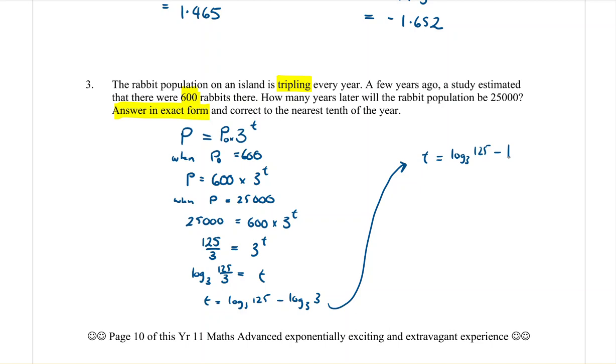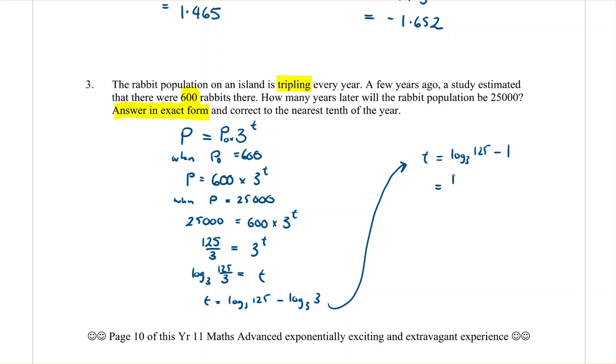Okay, so that is exact, and that's probably the nicest version of the exact answer that I can get. But then it says to get the answer correct to the nearest tenth, which means I need to be able to type that in my calculator. So here comes the change of base so that I can type it in. I'm going to change the base to my natural log.